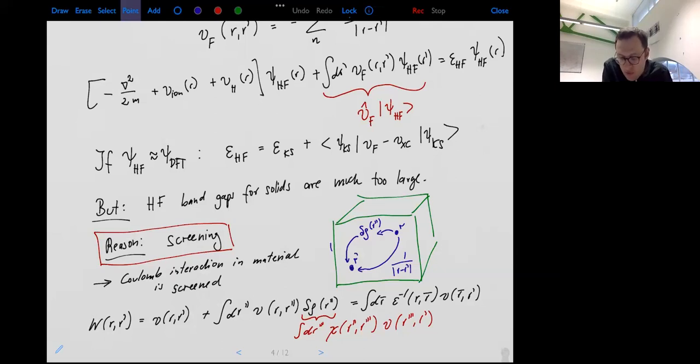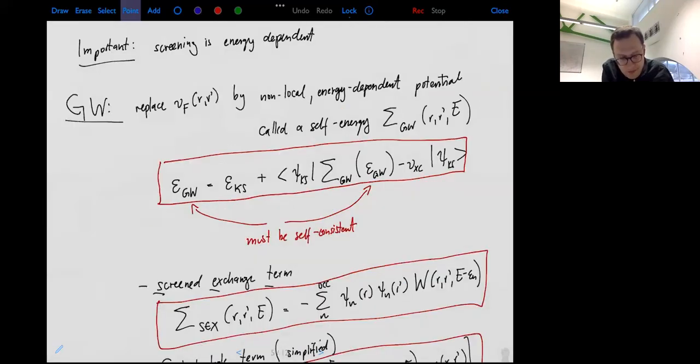In a material where there are lots of electrons, this rearrangement really is an important contribution, while in molecules where there are typically not so many electrons, it is not such a severe problem if we neglect this effect, which is the reason why Hartree-Fock works reasonably well for quasi-particle energies of molecules.